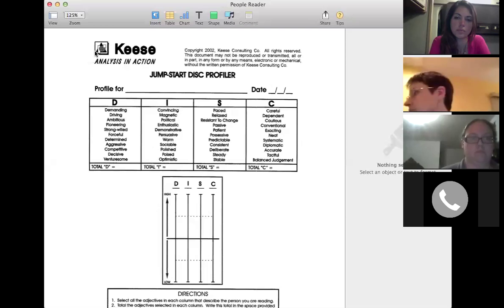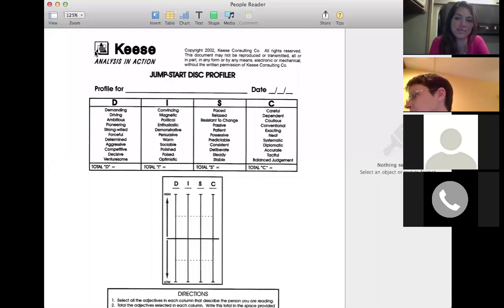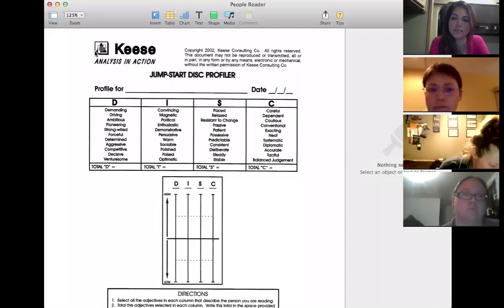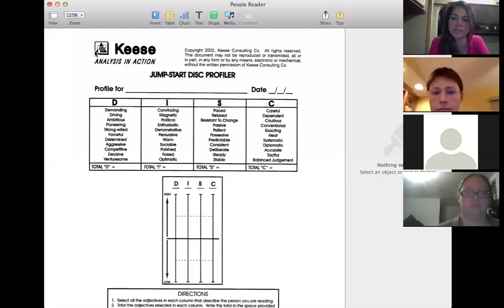If your D is really high, up in the top part of the graph, then there's a good chance that at some point in your life you've walked 2 blocks out of your way to start a fight with somebody. Not because you're mean or evil, but because you saw a challenge and accepted it. People with real high Ds are battle-oriented people, and they love the contest.